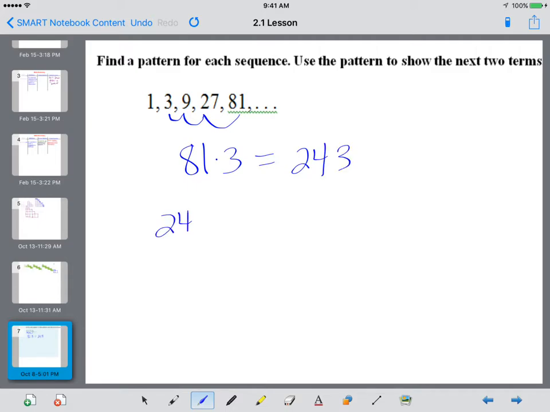Then we'd have to take 243, multiply that by 3, in which we would get, let's see, 243 times 3, 729. There's my next two terms.